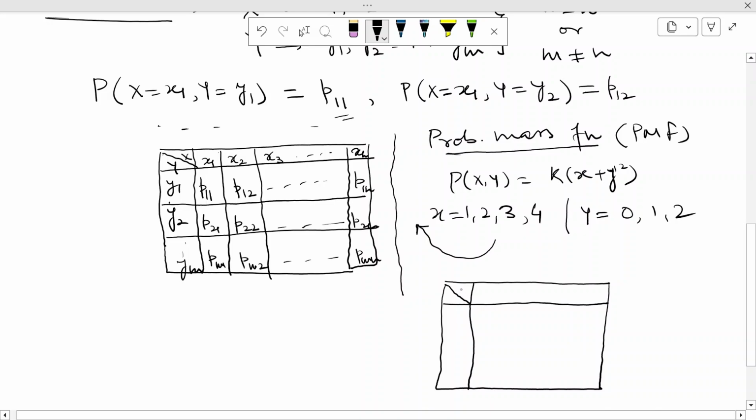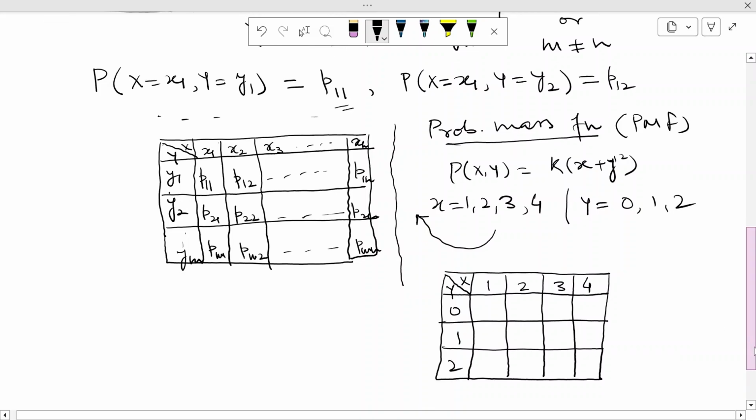So I am considering here again x here and y here. So we have 4 values of x. So this is 1, 2, 3 and the last value is 4. Similarly, we have the values of y, which we are writing on this first column. So this is 0, 1 and 2.